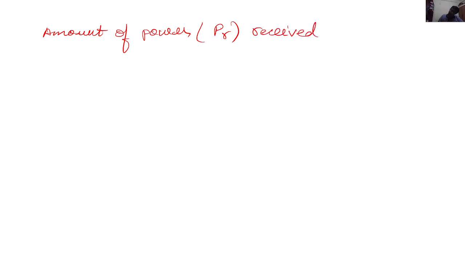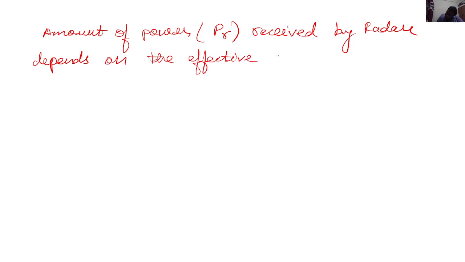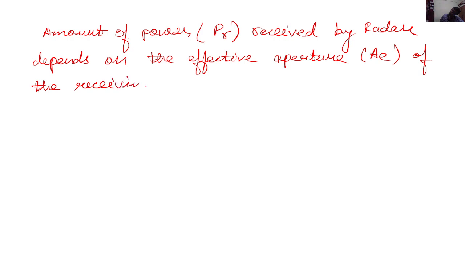Now the amount of power PR received by radar depends on the effective aperture area, basically, of the receiving antenna.